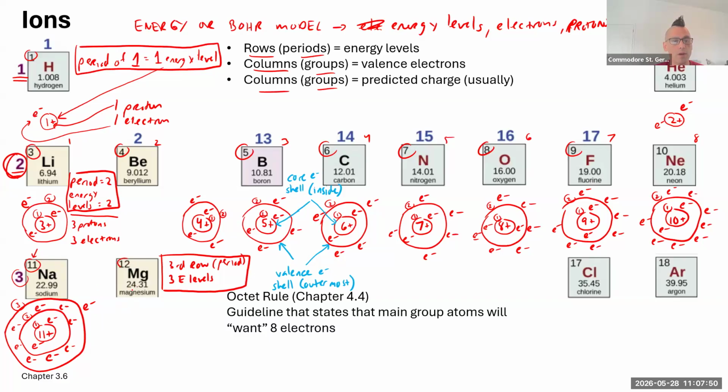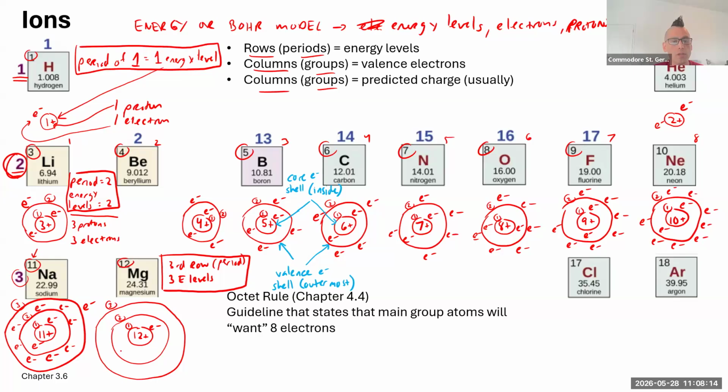Okay, so let's do magnesium. It's 12. I'm going to go a little faster because we know the basis for this. 12 protons. We have three energy levels because we're in the third row of the periodic table. And I'm going to draw all these here. We have one, two, and three. We have 12 total.